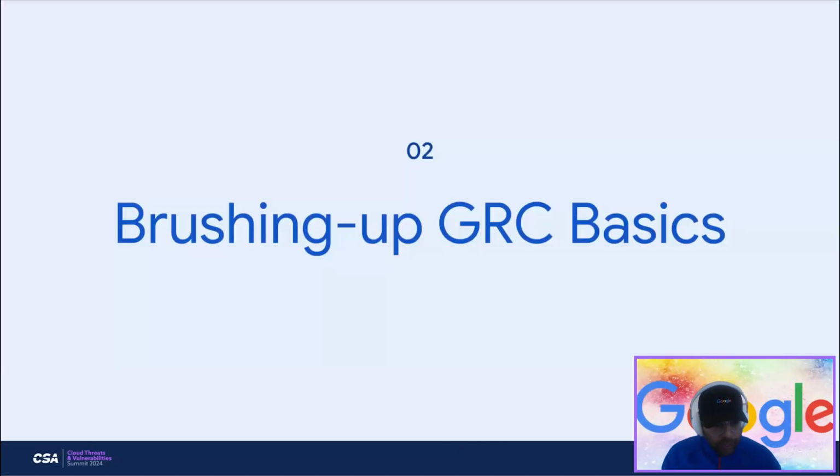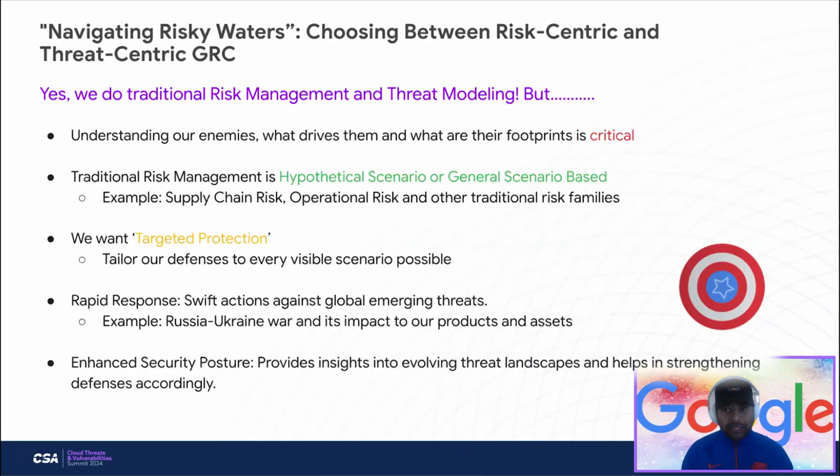So moving on to brushing up on the GRC basics. You might be thinking, why are we talking about threat-centric GRC rather than risk-based or risk-centric GRC? Yes, we do the traditional risk management and threat modeling, but understanding our enemies, what drives them, what their footprints are, and how they act is very critical.